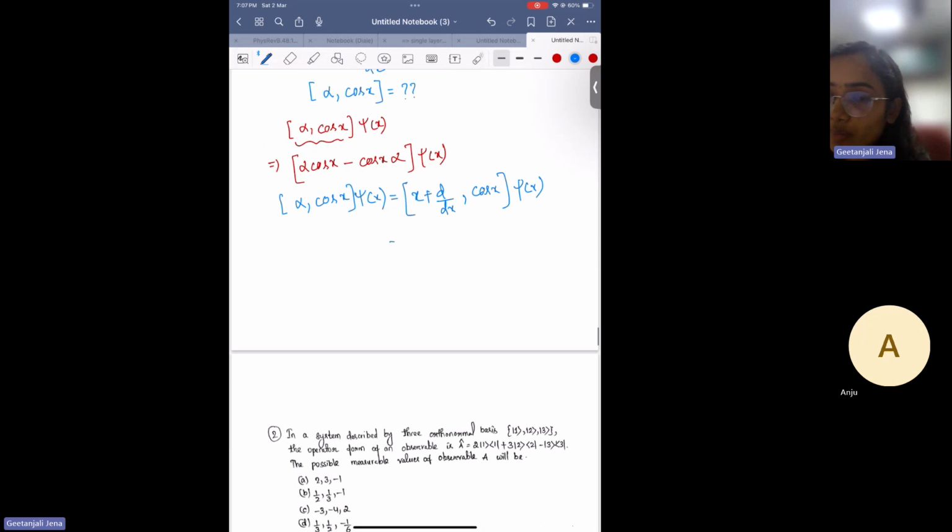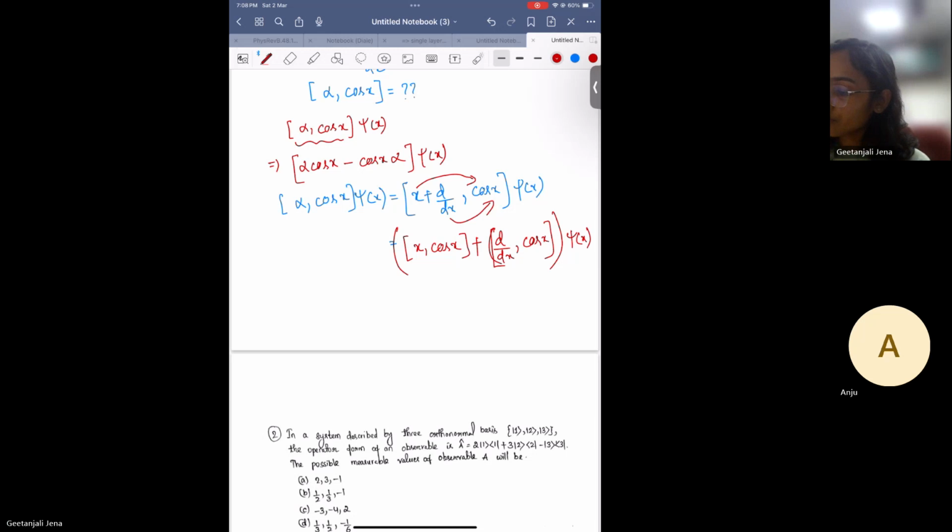Now you use the property of the commutator. This is x cos x commutator plus d by dx cos x commutator, acting on psi of x. You see that there is an x here and there is a function of x here, which is cos x.